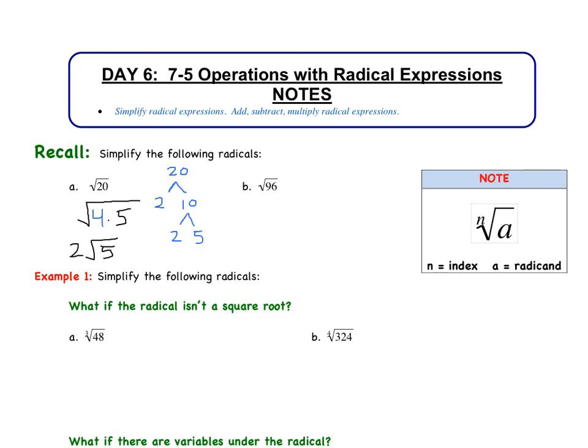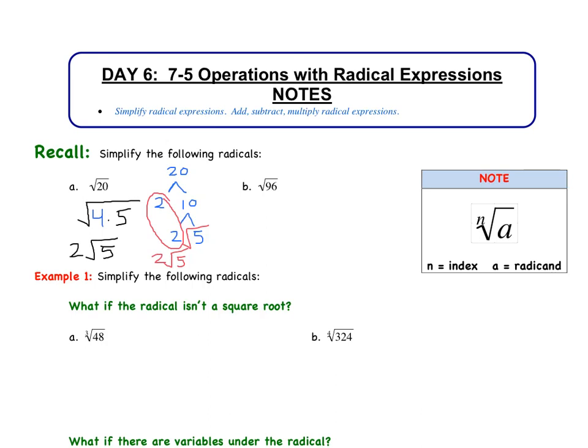Since I want the square root, I want groups of 2 numbers, 2 of the same number. In this case, I have one group of 2 2's. So a 2 would come out in front of the radical, and whatever numbers are left stay underneath our radical. So we would get 2 root 5. That's just a quick reminder of simplifying square roots.